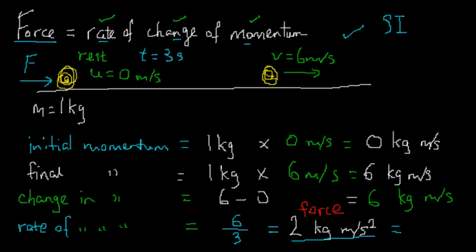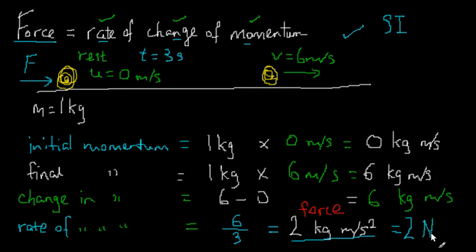Now, the one thing is that if you look at the units, kilogram meter per second squared, that's quite a mouthful, quite troublesome to go about carrying these units around. So in order to save time and make things easy, physicists invented a new unit called Newton.